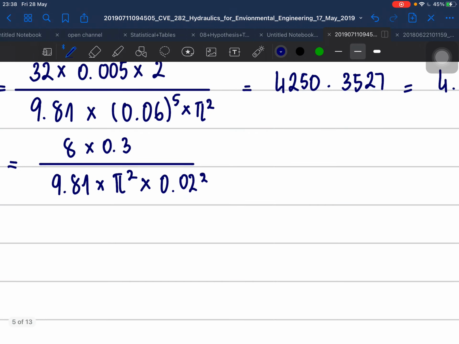61. Oh, that's a lot. 61? Oh, wait. It's supposed to be power 4, don't forget, guys. Don't be like Nate. Why is the number so large?